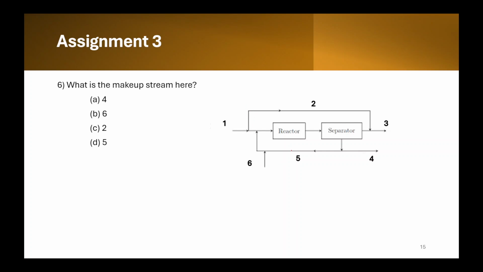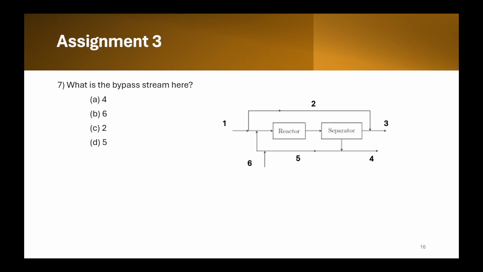As I had told you, makeup is basically to maintain the flow rate coming into the reactor. So this stream here is the makeup stream. So 6 is the answer. You add on to something which is coming into the reactor.